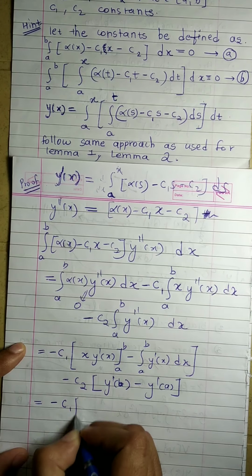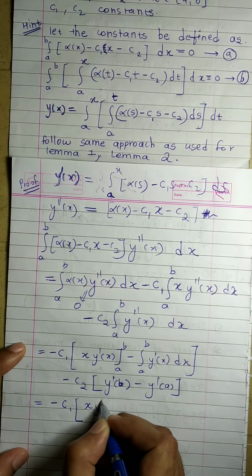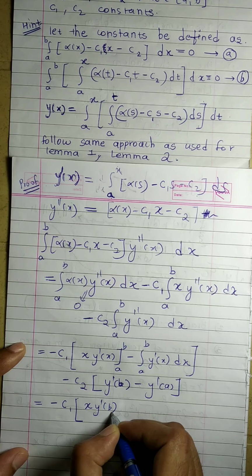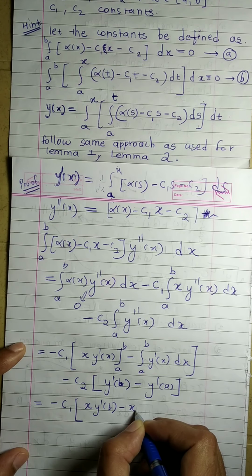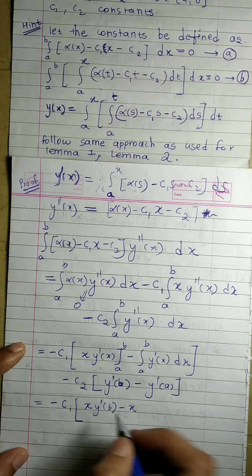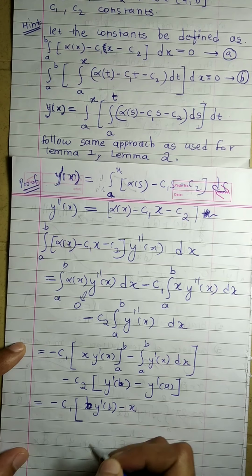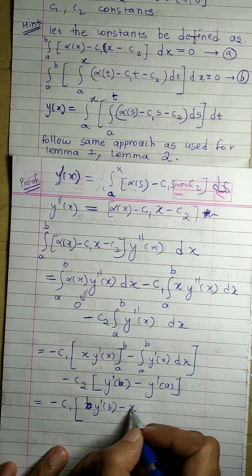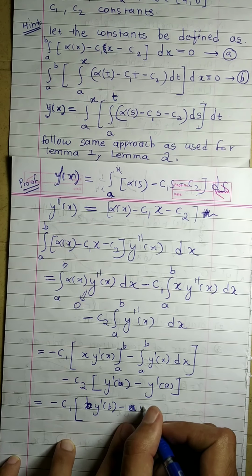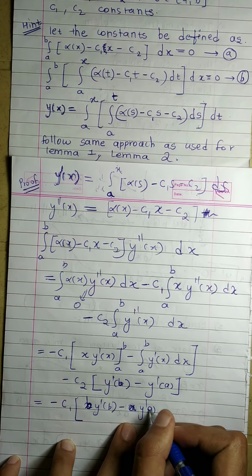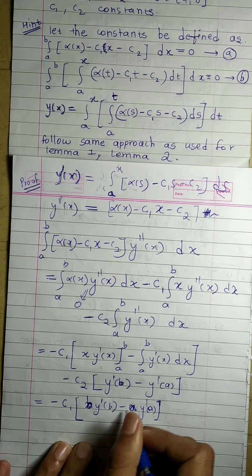That is, minus c1 into b into y dash at b minus a into y dash at a, so that will go to 0.